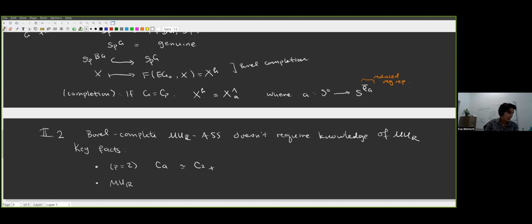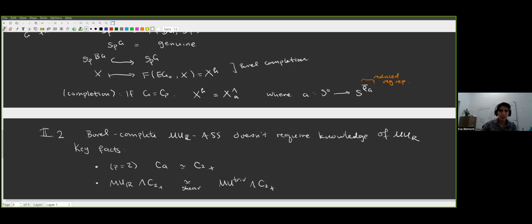If I take MU_R and smash it with just C2 plus, the shear map says that this is the same as MU with the trivial action, smash C2 plus. So this is kind of the main fact. This is how we get away with it, essentially, and why completion helps.